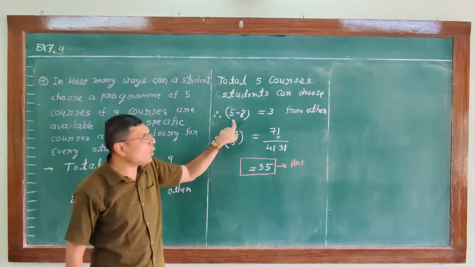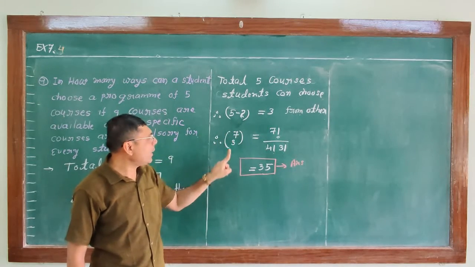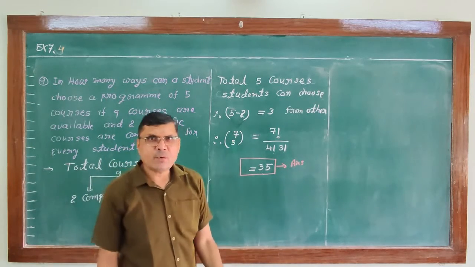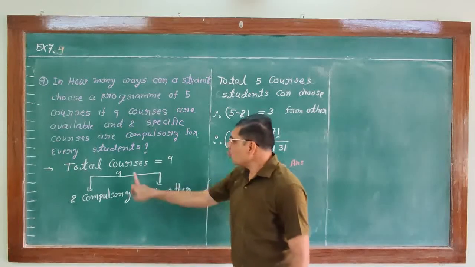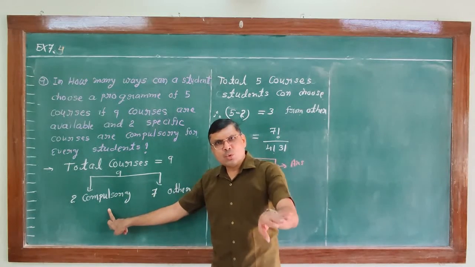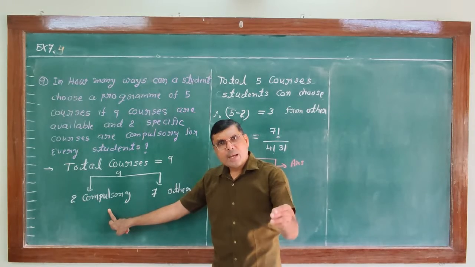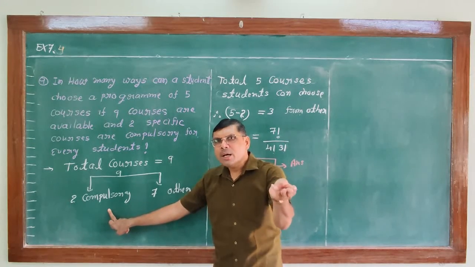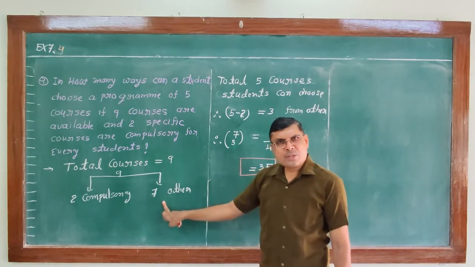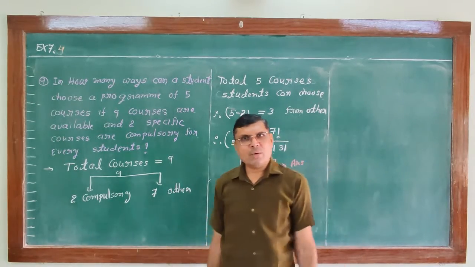So total will automatically be 5. So 7C3 is equal to 35. Not difficult at all. I repeat, total 9 courses, 2 are compulsory. So 5 minus 2, 3 I have to select, but 3 I will select from the remaining ones, that is 7. So 7C3. Quite simple.